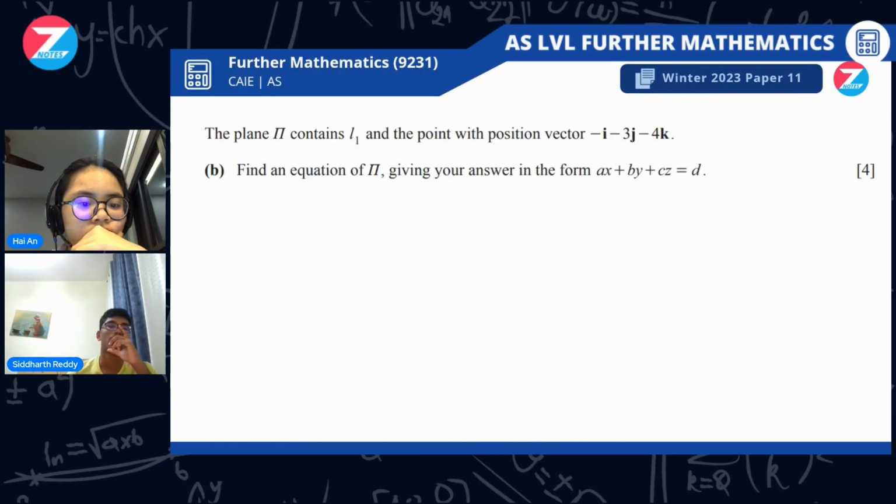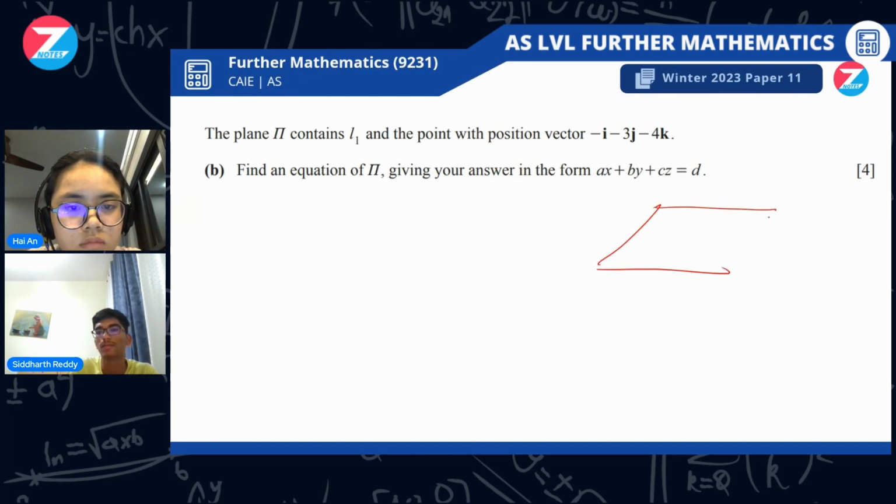Okay. The plane pi contains L1 and the point with position vector minus 1, minus 3, minus 4. So there's a plane here. Okay, so we got a plane something like this. And there's the point minus 1, minus 3, minus 4. And there's also a line over here. It passes through the plane.